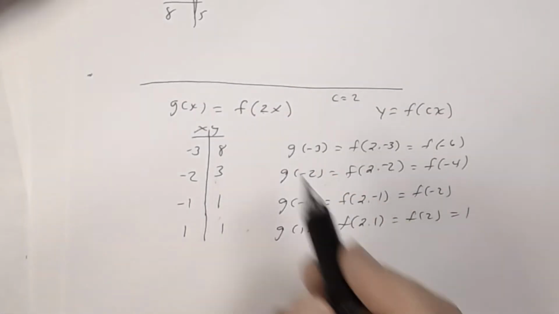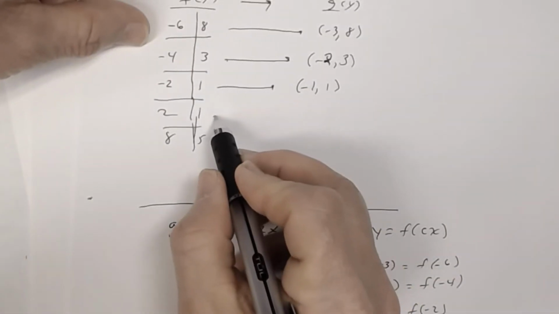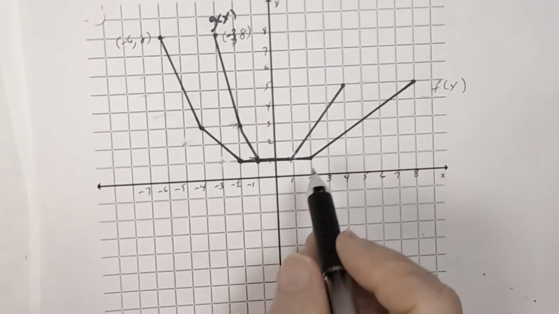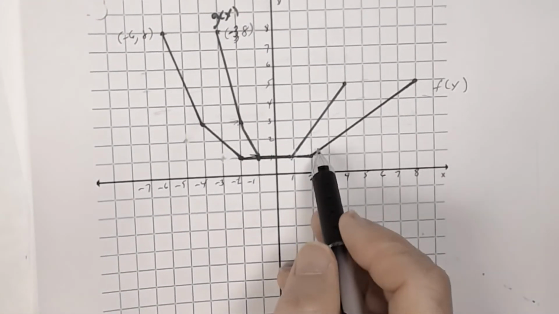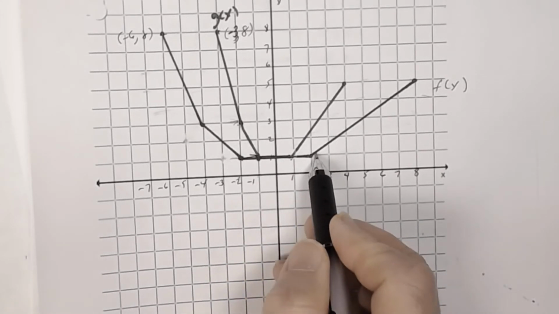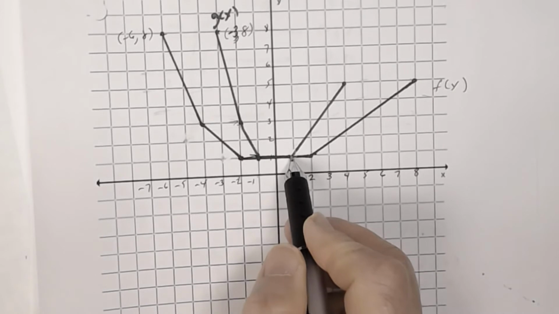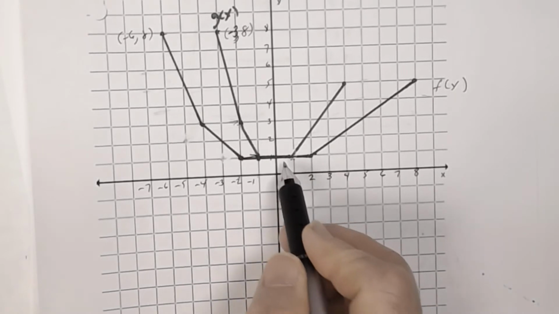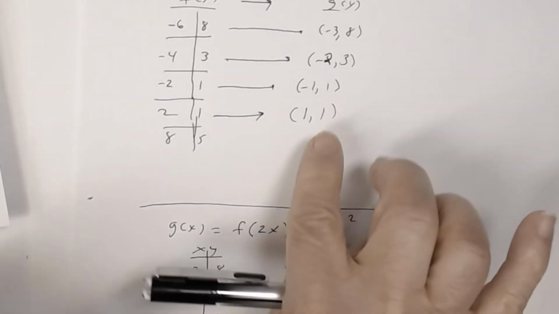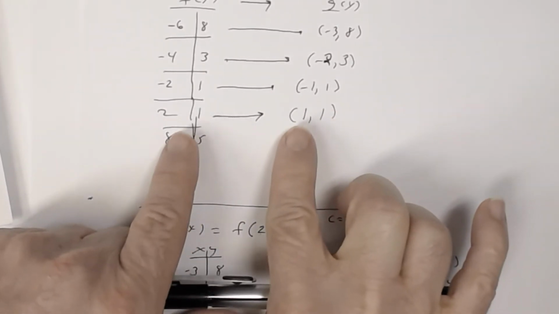So what that means is that the point 2, 1, you remember we're taking every point on f of x and we're moving it towards the y-axis. So this point 2, 1 transformed into what point? 1, 1. So notice the y values stay the same, the x coordinate changes.